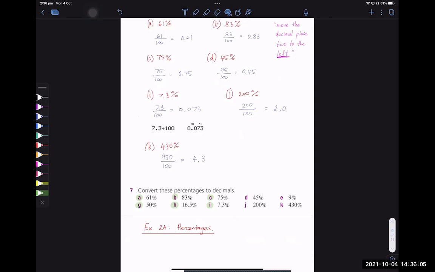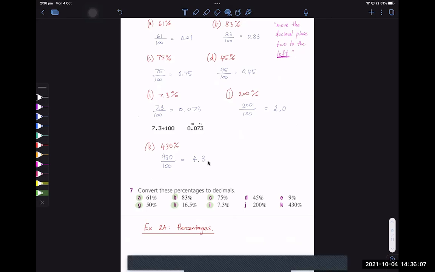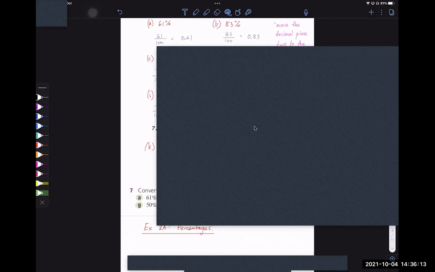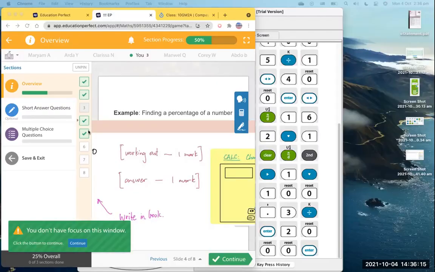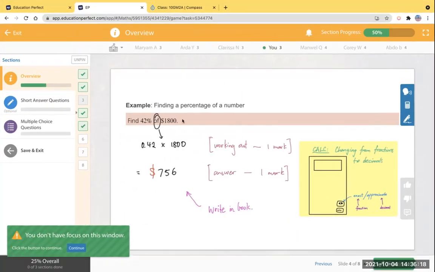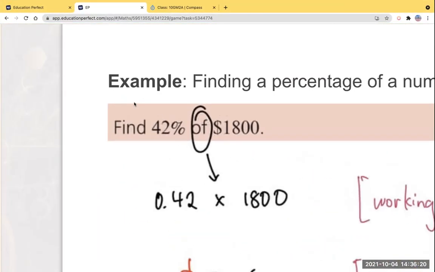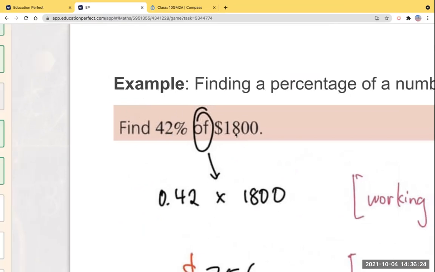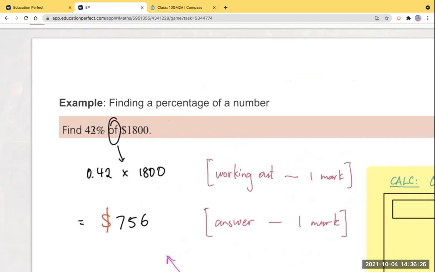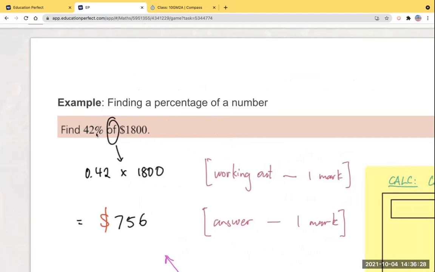And I've got some notes on there as well. So I'm going to share Education Perfect now, if you don't mind. The next thing we need to find is the percentage of a number. So what did you notice here about the 42%?